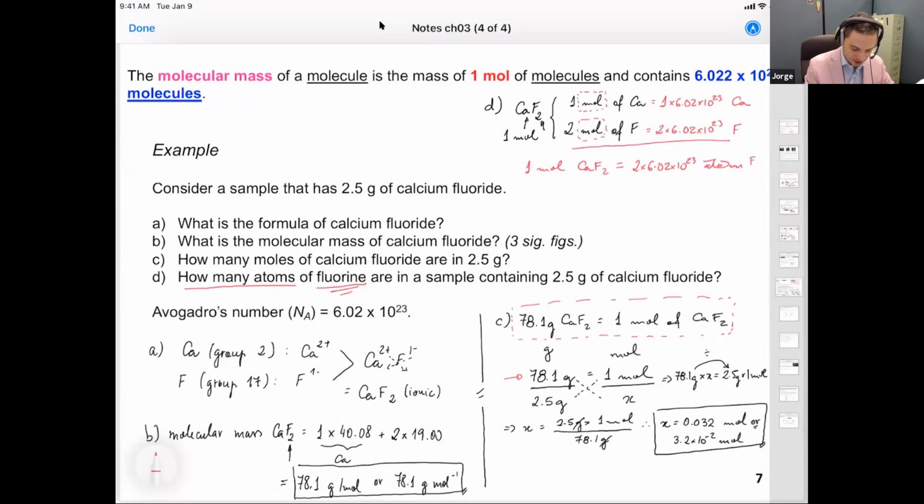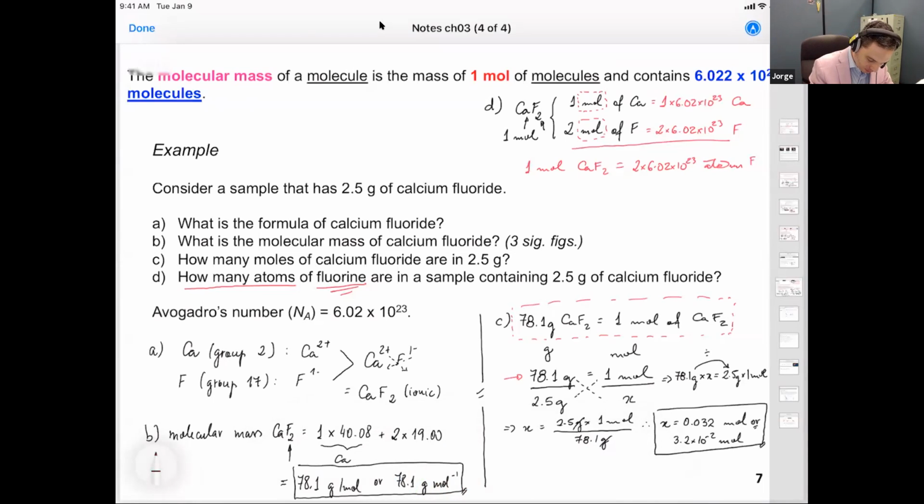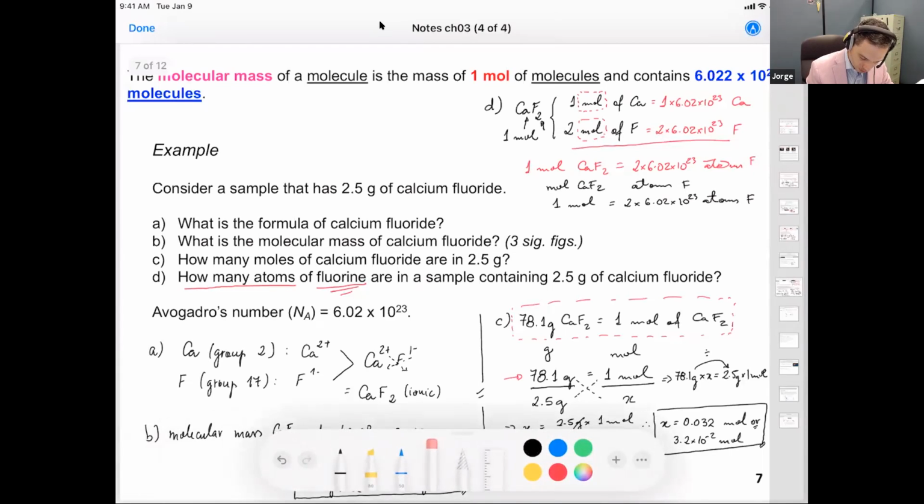Okay, so with that, we can organize our proportion. So my first column here is going to be moles of calcium fluoride. So we have here 1 mole. And the second column is going to be atoms of fluorine. And we know that in 1 mole of calcium fluoride, we have 6.02 times 10 to the 23rd atoms of fluorine. Actually, you don't need to write everything here because we know that.